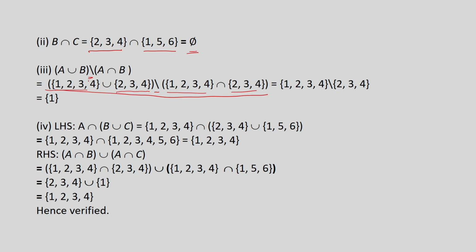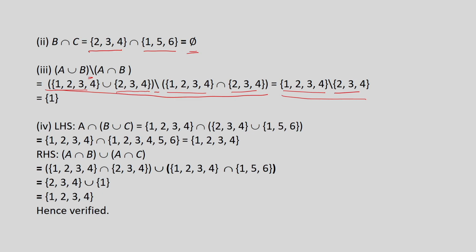Okay, now, if we take the union of 1 2 3 4 and 2 3 4, you get 1 2 3 4, and if you take the intersection of 1 2 3 4 and 2 3 4, what are the common elements? They are just 2 3 and 4. So, this is what we are getting, 1 2 3 4 minus 2 3 4.